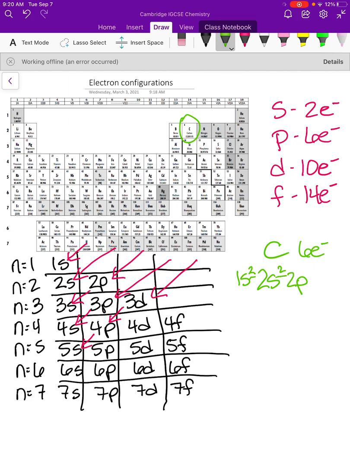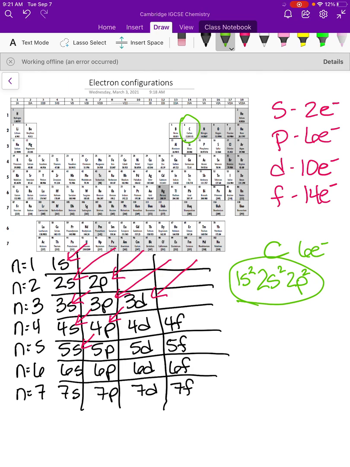For our 2p, since we only need 6 electrons, we've already represented 4, so we only need 2 in that 2p. Your exponents should add up to the number of electrons for that particular element. So that would be carbon's electron configuration: 1s2, 2s2, 2p2.